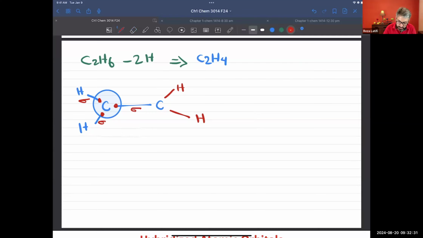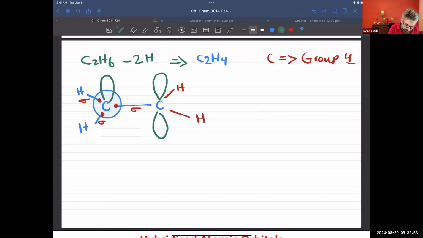Solution: carbon, because carbon is in group 4, that means it has 4 valence electrons, it's going to have one orbital on carbon. We call it a p orbital, and that p orbital will have 1 electron in it. We're going to call it pz.